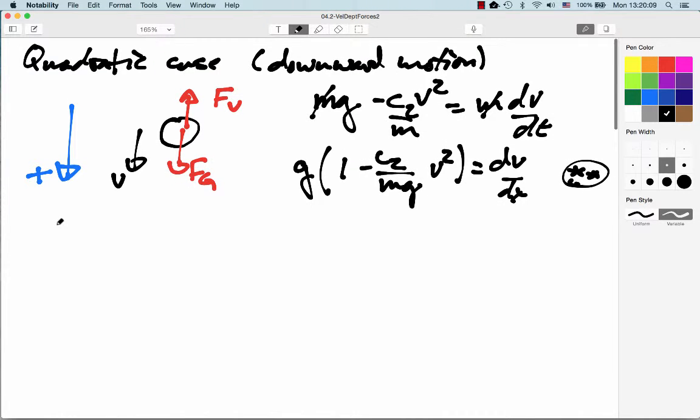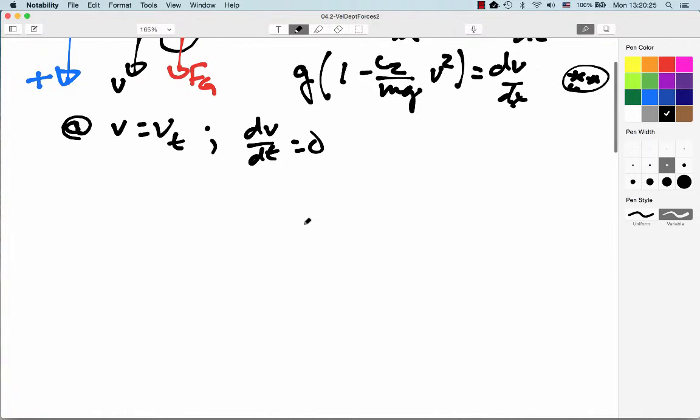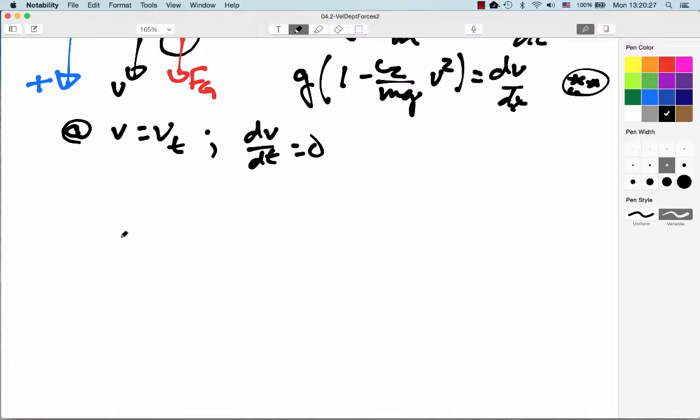We can recognize that once we reach terminal velocity, sort of by definition, the acceleration is going to end up being 0. So we can go ahead and find our terminal velocity directly, and that will probably be a little happier for us. So we'll put in v terminal here, 0 there.